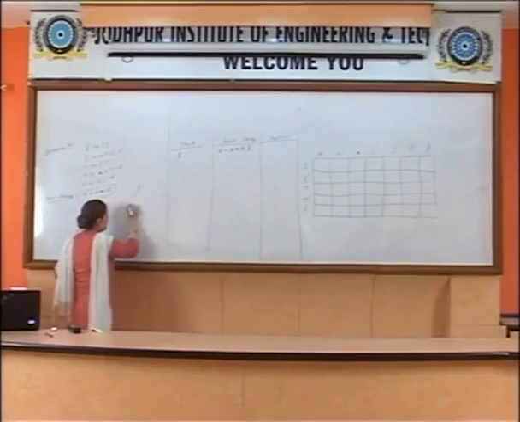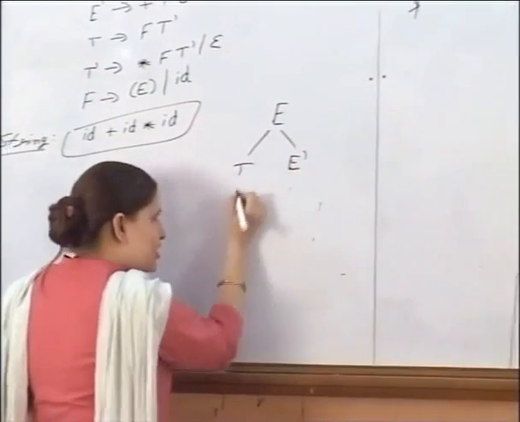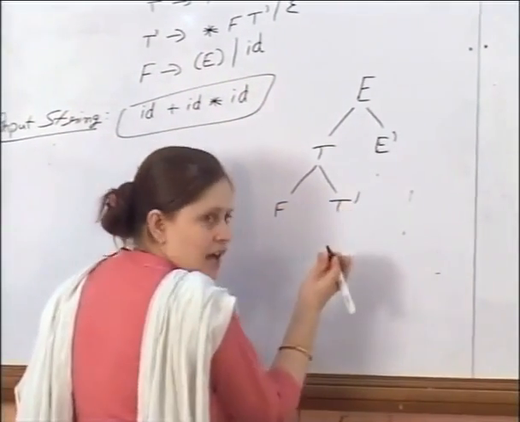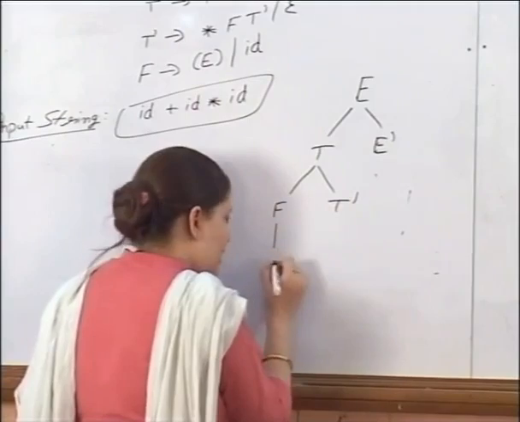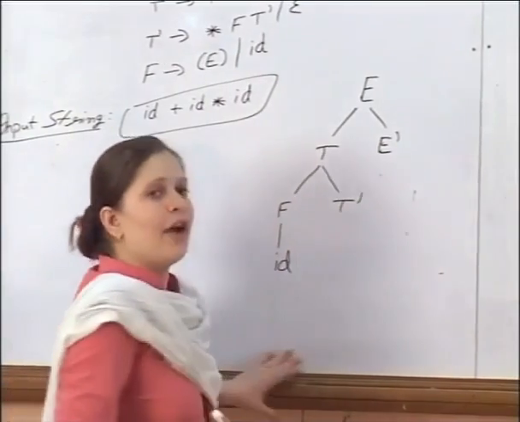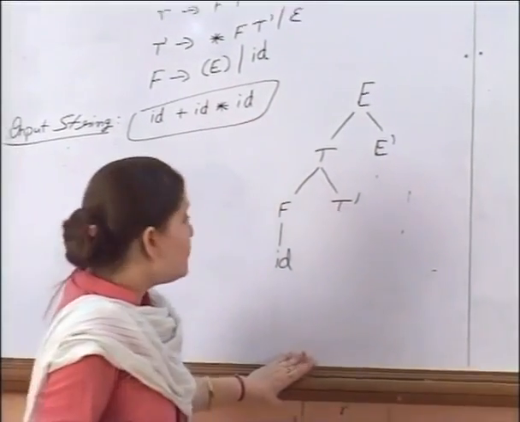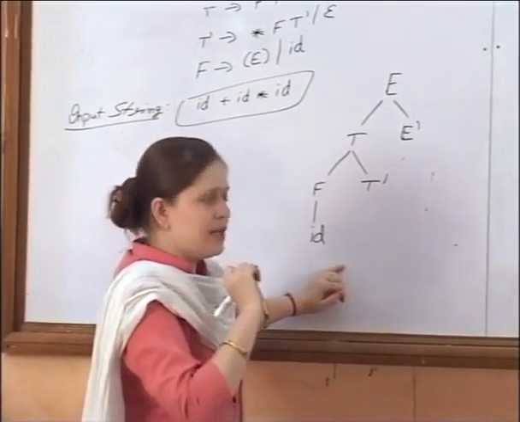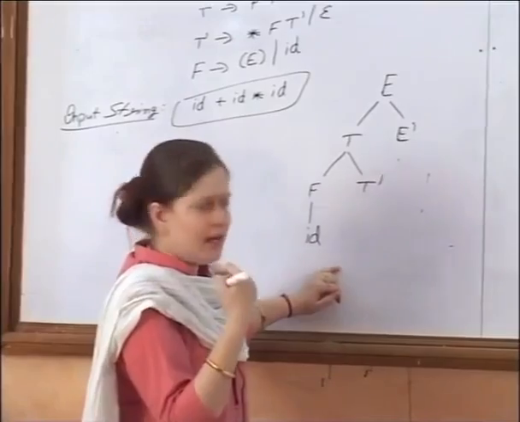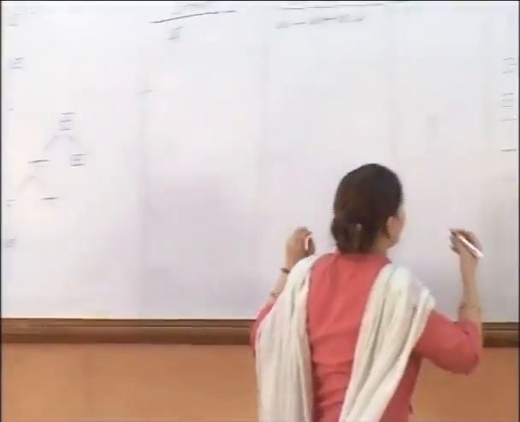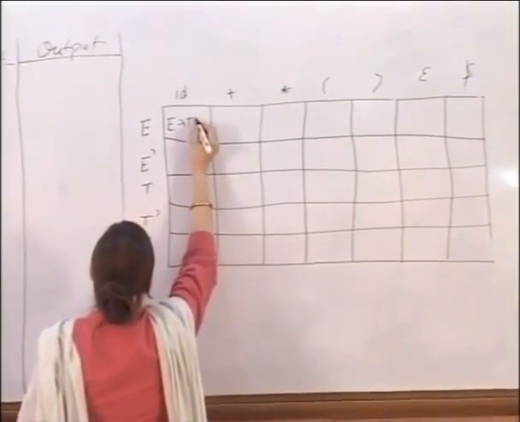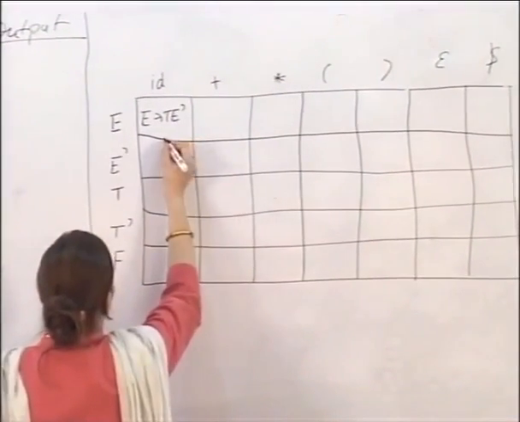This T is further replaced by F and T dash, and this F is finally replaced by its identifier. So now for this non-terminal symbol capital E and for the terminal symbol id, we have the initial production, that is E to T E dash.